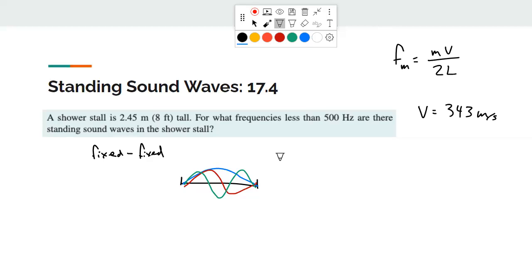Okay. And they tell us what L is here. So the height of the shower stall is 2.45 meters. Since that's probably the longest dimension in the shower, that'll allow us to get the lowest notes, right? The bigger L is, the smaller the fundamental frequency will be, and so the lower the note achievable, right?